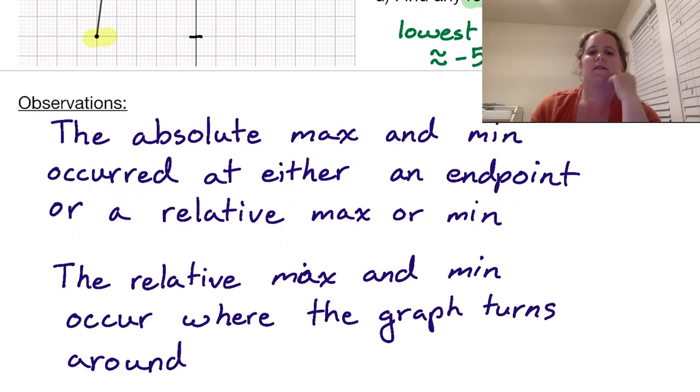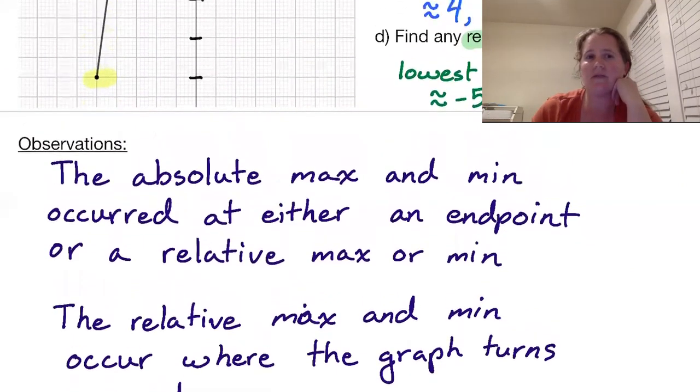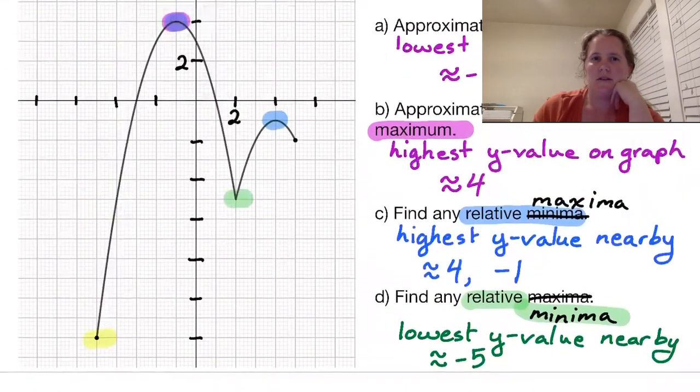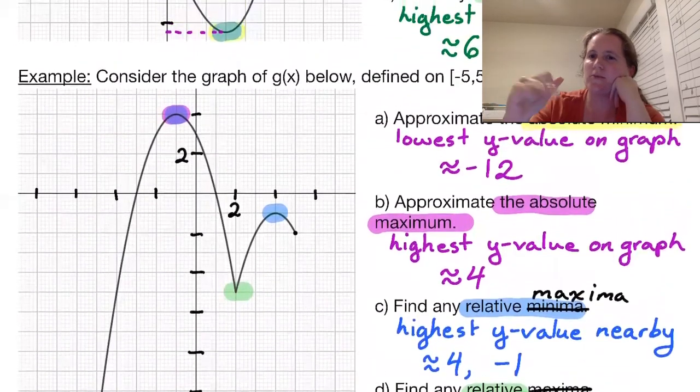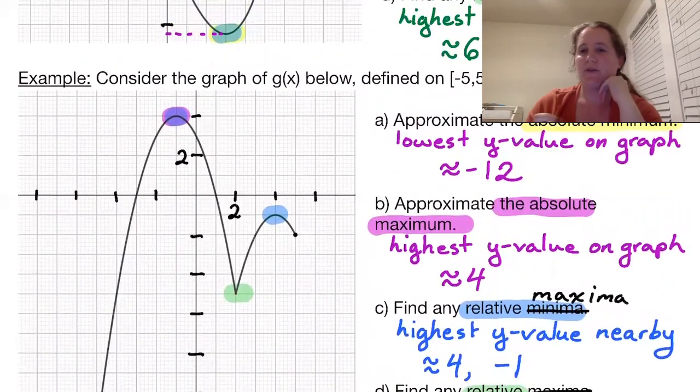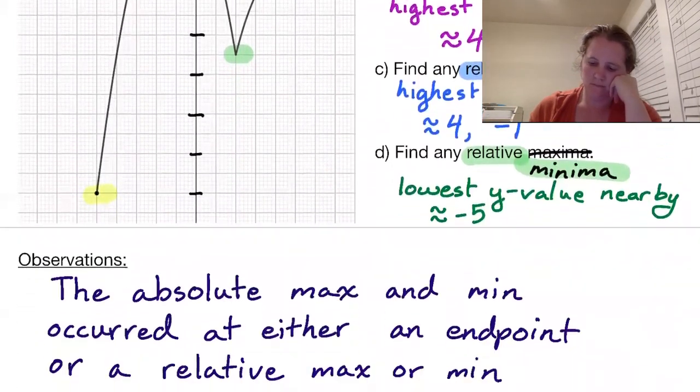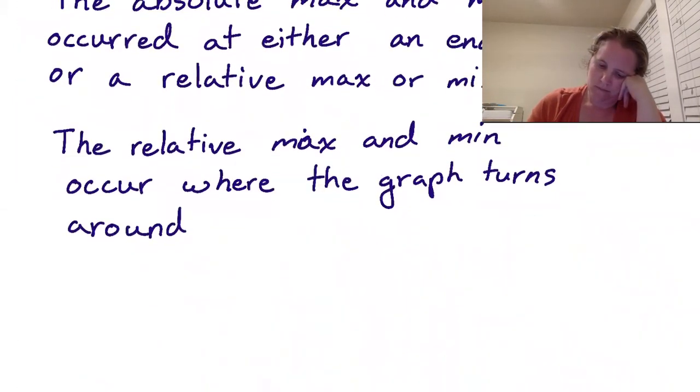Now, if we look at the types of places the graph could turn around, the graph either turns around at a nice smooth hill or valley, or it turns around at a sharp point.